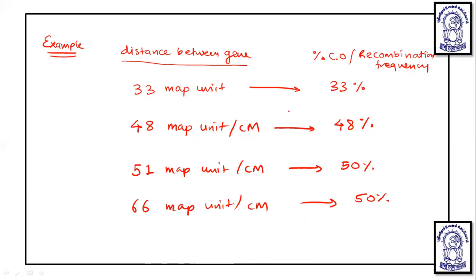But if the distance is more than 50 map units, then the recombination frequency is 50. In such a way you can solve this type of question. Now, to understand this, we need to go through one question, so it will help us to properly understand this.